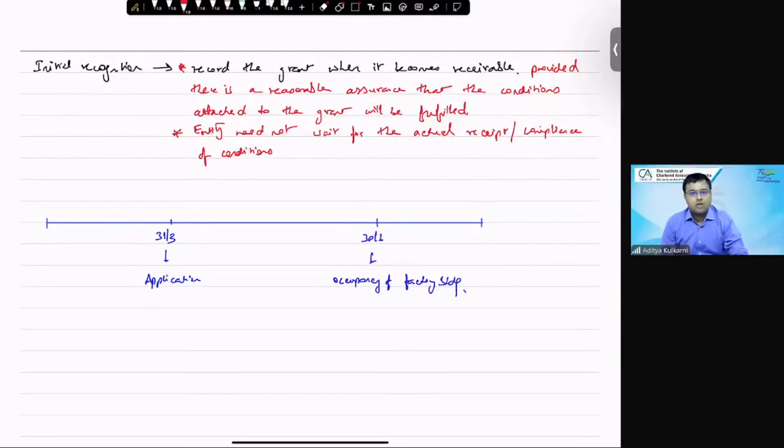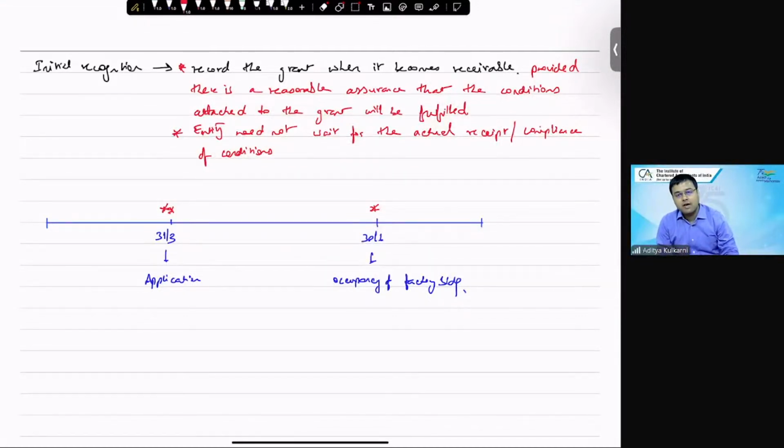So if you are reasonably confident to get this, then you can recognize a grant receivable on 31st March itself. But अगर आप 30th June के बारे में sure नहीं हो, even if you have filed the application form, you cannot recognize the grant. So as an auditor, what is your responsibility?